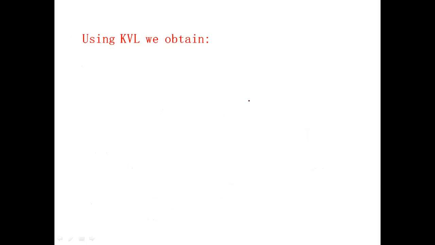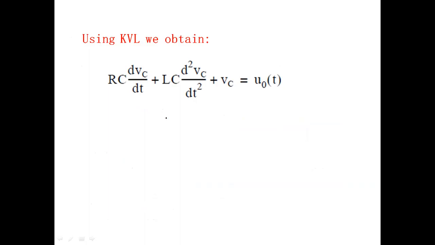So using Kirchhoff's voltage law, we obtain RC dVc over dt plus LC d2Vc over dt squared plus Vc equals U0(t).